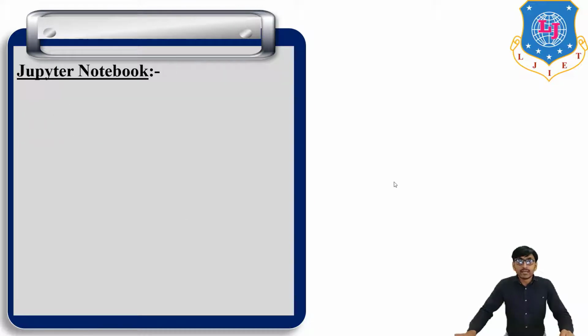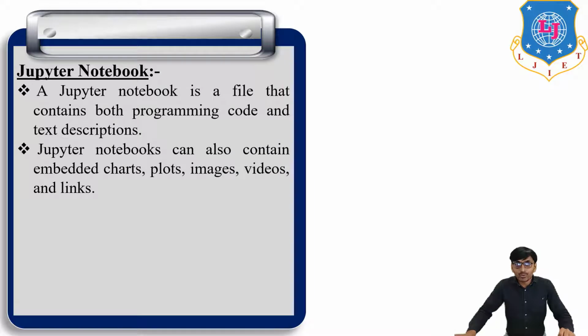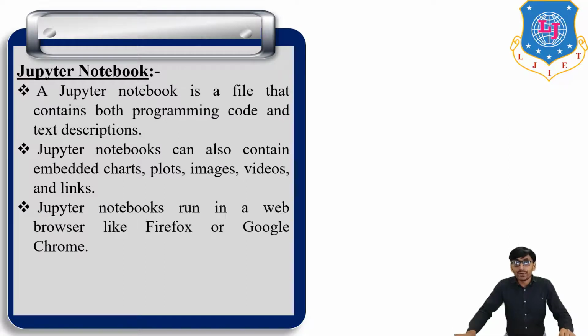Okay. Then next topic, that is Jupyter Notebook. A Jupyter Notebook is a file that contains both programming code and text description. A Jupyter Notebook can also contain charts, plots, images, video, and links. Jupyter Notebook runs in a web browser like Firefox or Google Chrome.